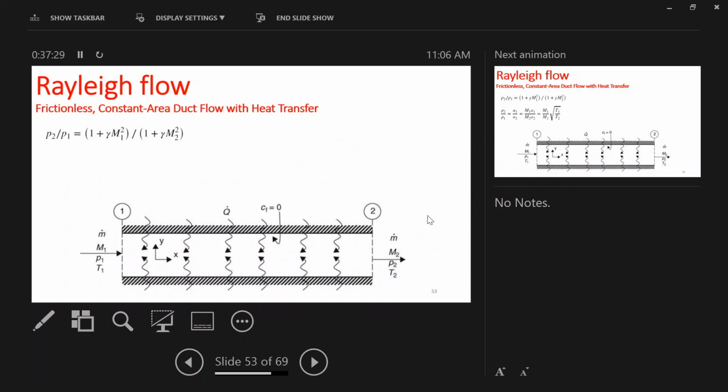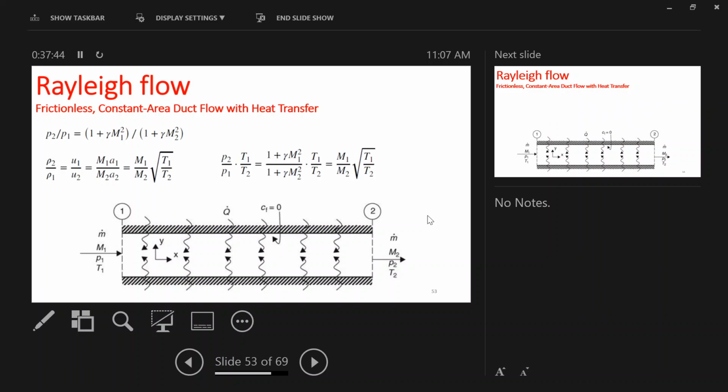And we can find the pressure ratio for this type of flow using this equation: 1 plus gamma M1 squared over 1 plus gamma M2 squared. We can find the density ratio using the conservation of mass equation, rho 2 over rho 1 equals u1 over u2, just a rearrangement of conservation of mass, right? u1 is M1 a1, u2 is M2 a2, and essentially these relationships we already have had, right?